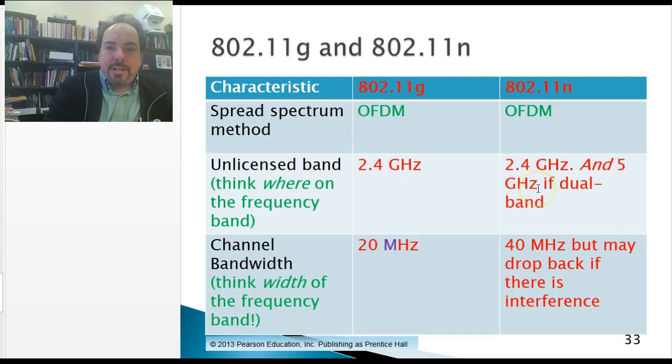That 802.11n, if it's dual band capable, can use both bands, the 2.4 and the 5 gigahertz band. You can't do that with an 802.11g access point. The channel bandwidth is different, just the width of the band, how many frequencies are used per channel. It's 20 megahertz, not gigahertz, width here, and 40 megahertz width with 802.11n.